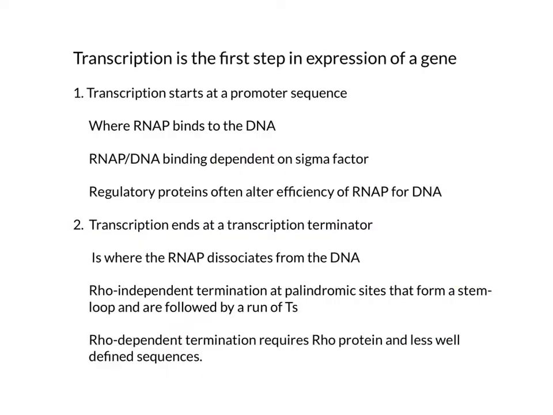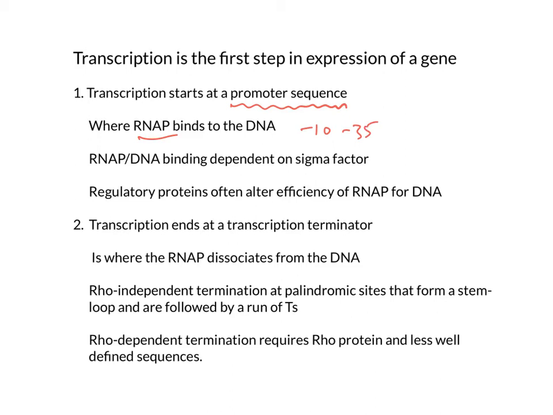So in summary for this section, transcription is the first critical step in expression of a gene. Transcription begins at the promoter sequence. This is where RNA polymerase binds to the DNA, and it usually is a set of hexameric sequences called the -10 and -35.